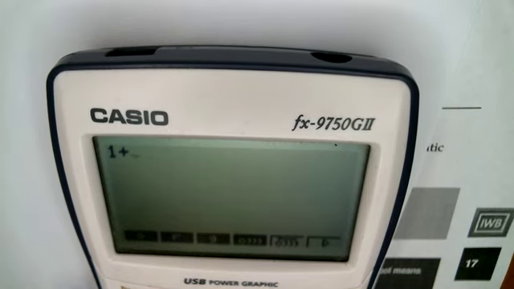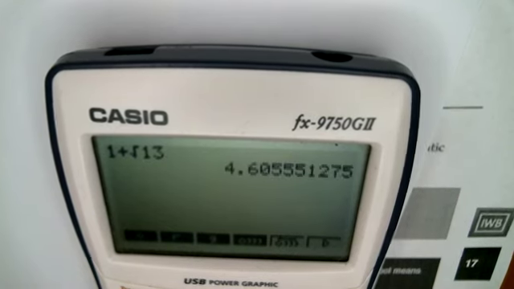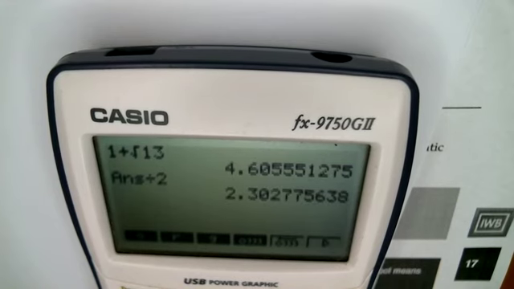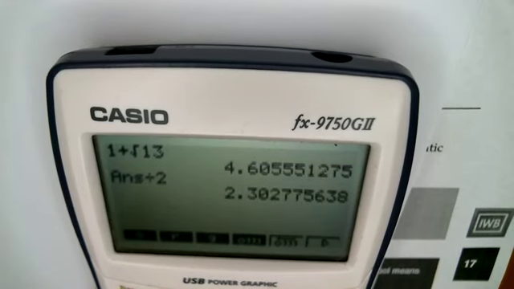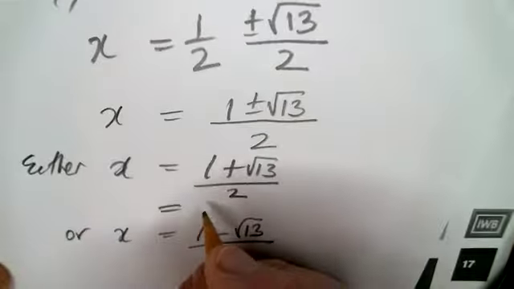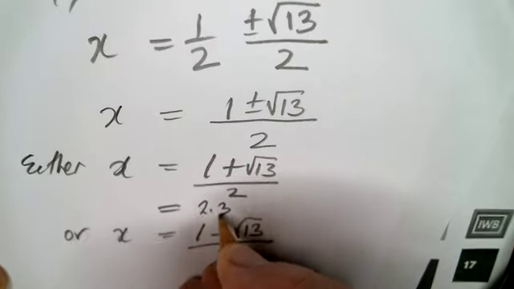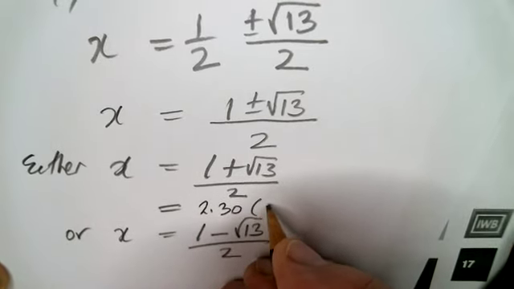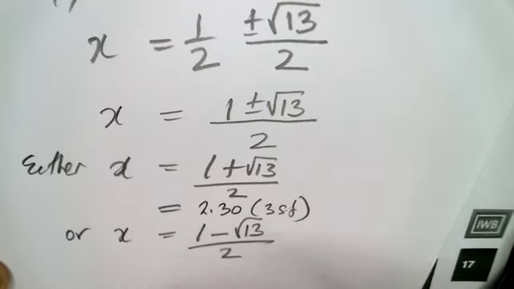I'm battling with all the other things I've got on the table. 1 plus root 13, and I'm just going to go divide 2 equals. And I get 2.30, and I'll keep it to 3 SF. So that's 2.30, and I'll put in brackets here 3 SF.